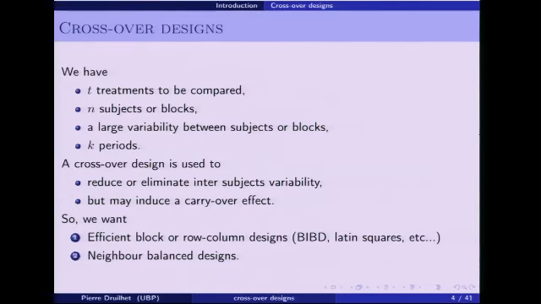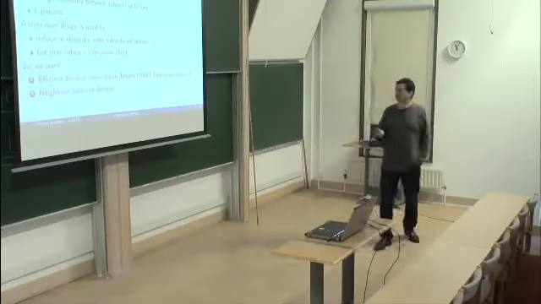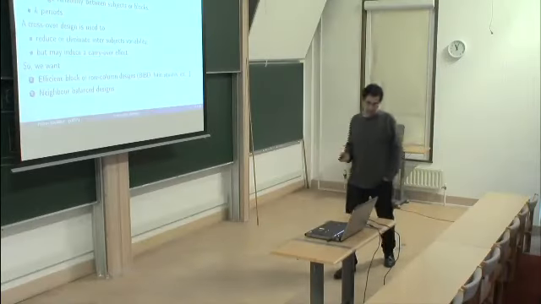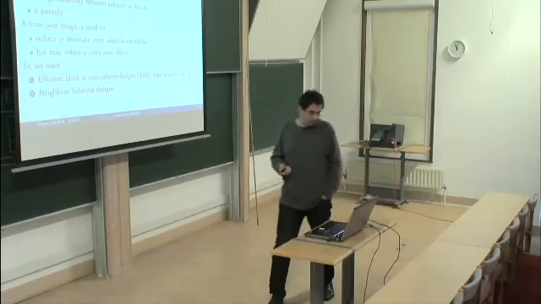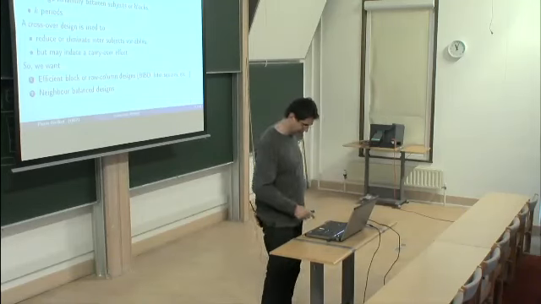And usually we want first an efficient block row column design. For example, balanced complete design, Latin square, which has some neighbor balance properties.